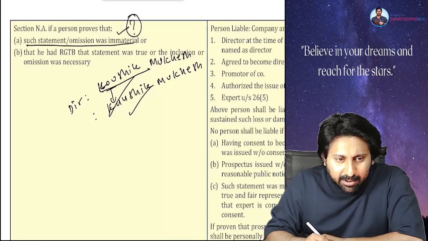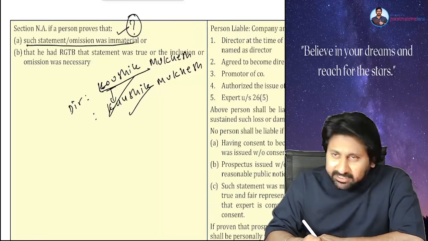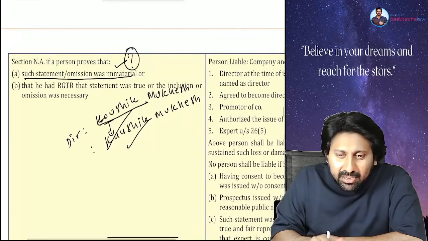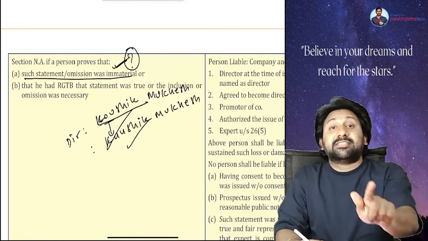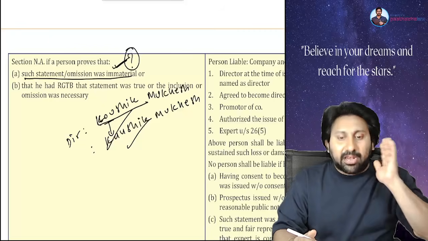Now tell me, is a misstatement there or not? Yes, a misstatement is there. But is that misstatement material or immaterial? Immaterial. Then 447 liability will not get attracted, though there is a misstatement, because that misstatement's impact is immaterial.